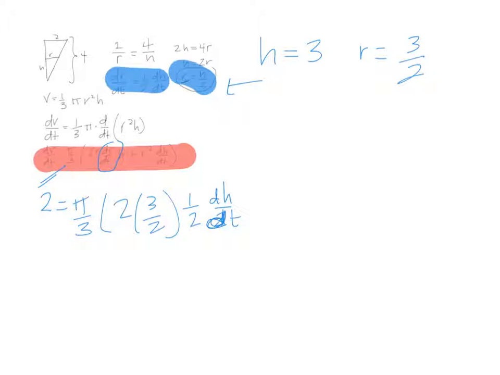And then this is going to be times h, and h in this case is 3. And then plus, I have r squared, which is 3 over 2 squared, and I have dh over dt.